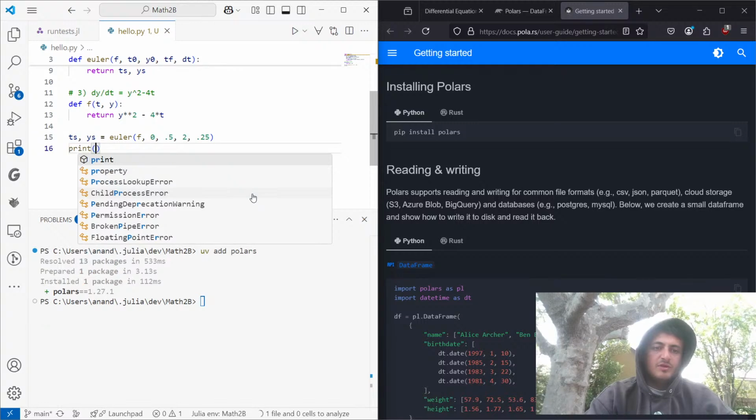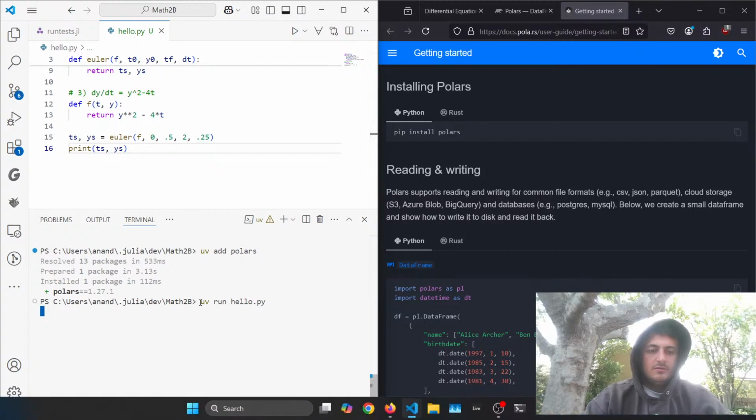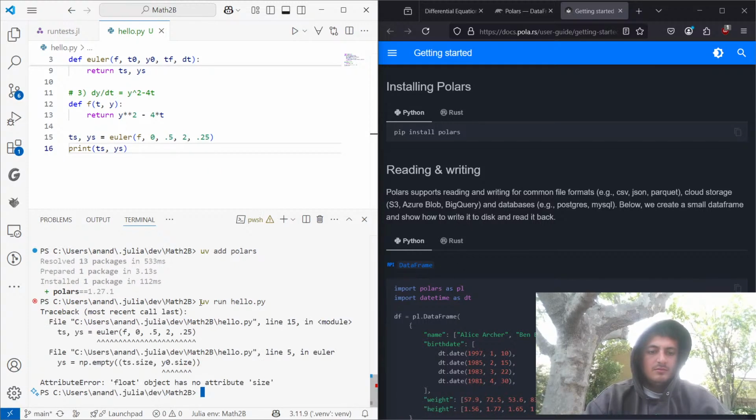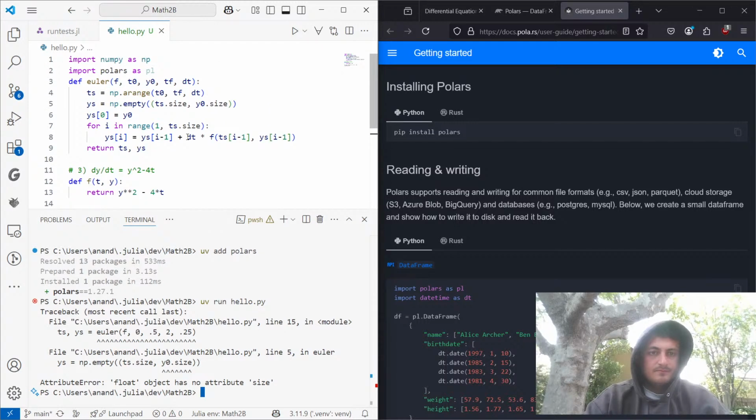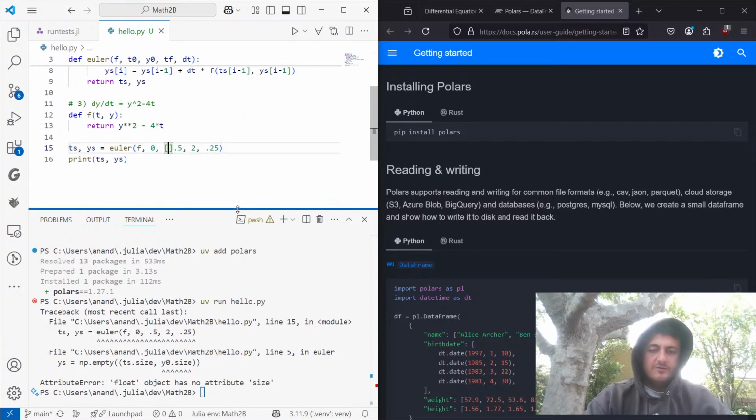All right, so let's just print t as well as uv run hello. What? Oh, I think it's because I have to do this.